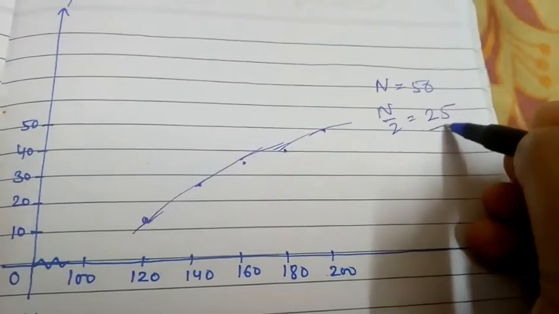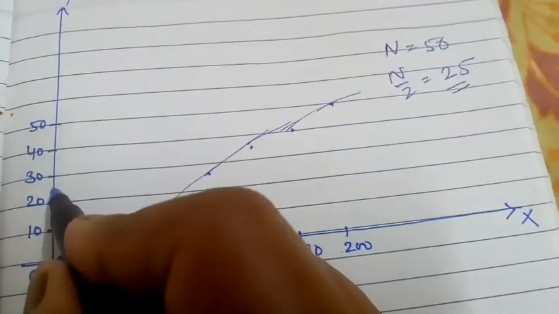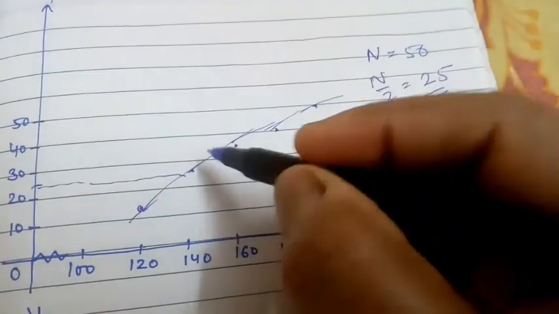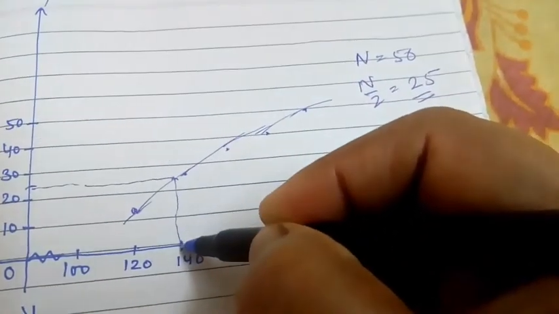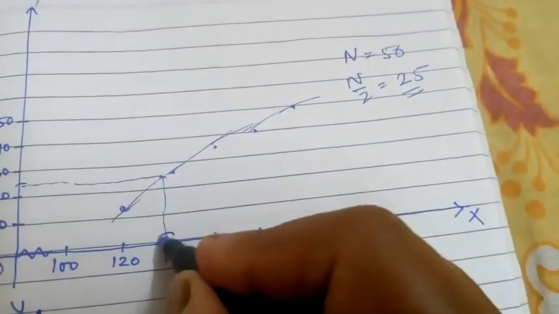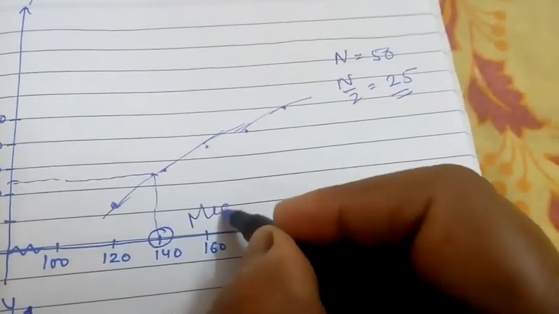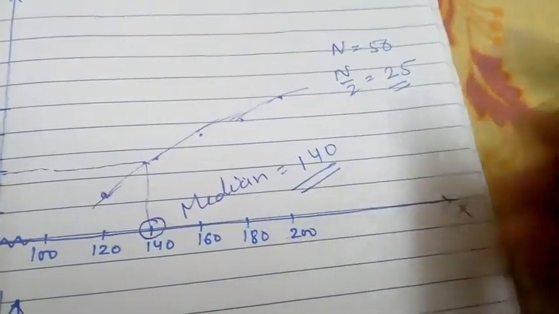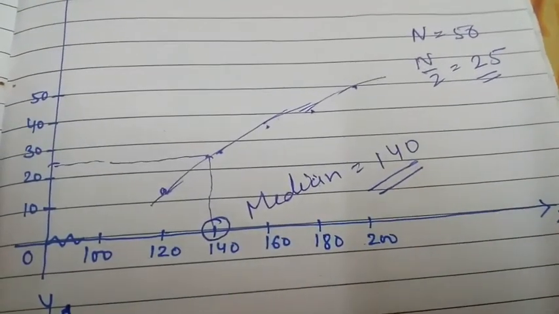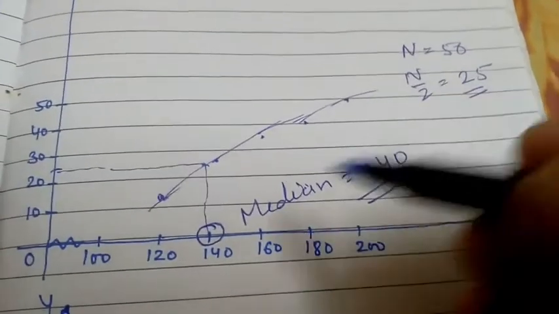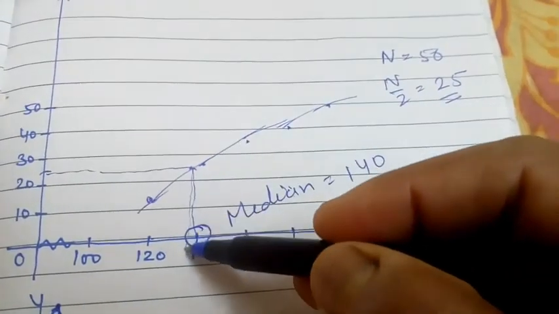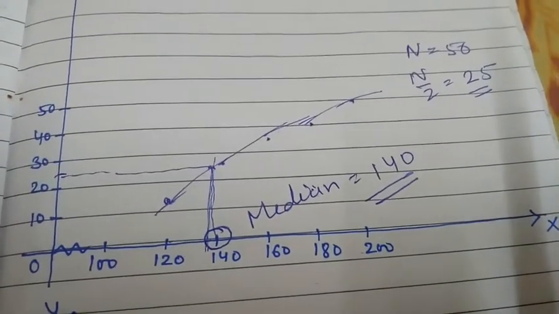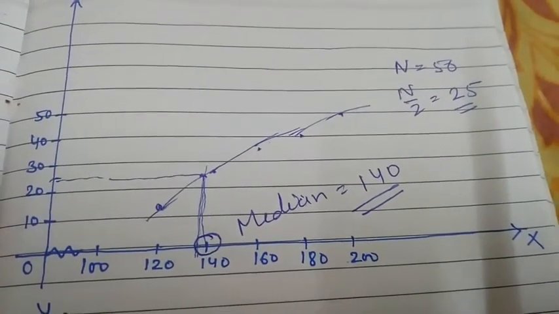So we take 25 on the y-axis, draw a perpendicular line, and meet the x-axis. This point is the median. In this rough graph, I got the median as 140. On graph paper you will get approximately 138.